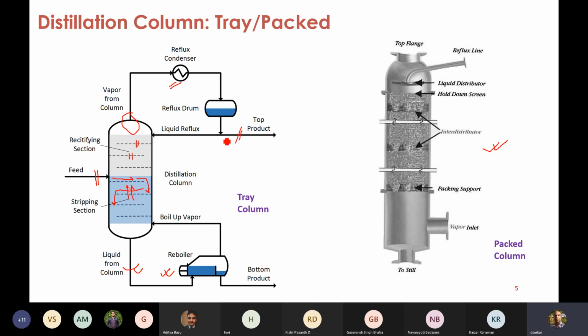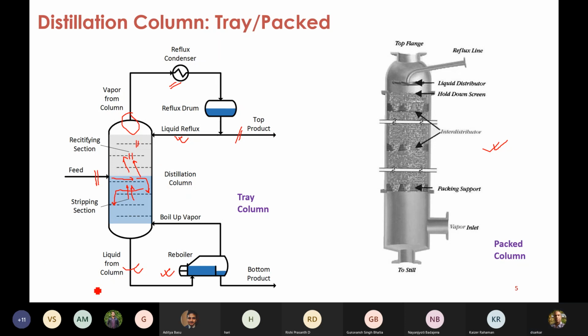But what you do is send part of this liquid back to the distillation column as reflux. We call that reflux, so that the vapor that goes up beyond the feed tray gets a liquid stream for this mass transfer.